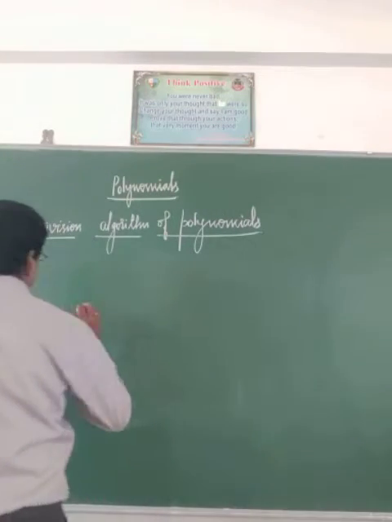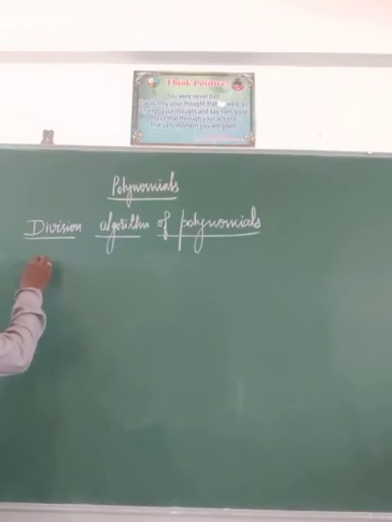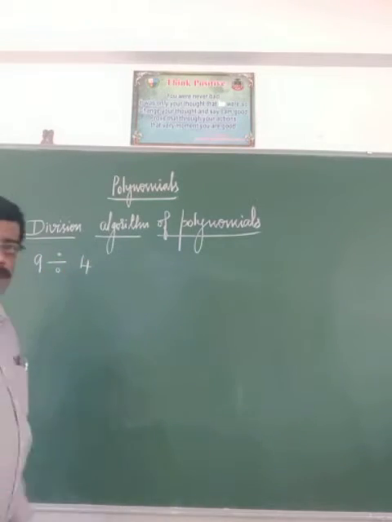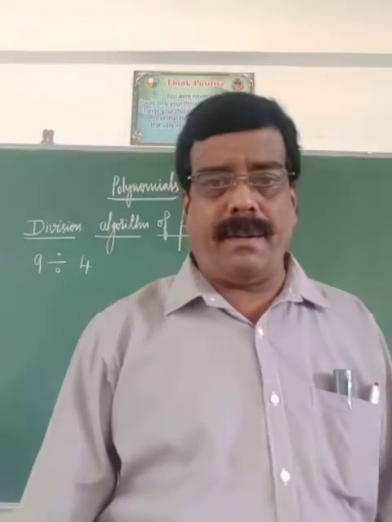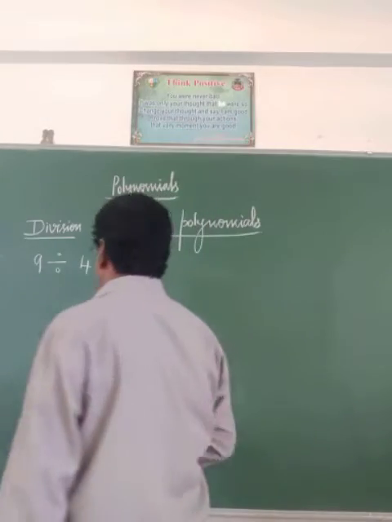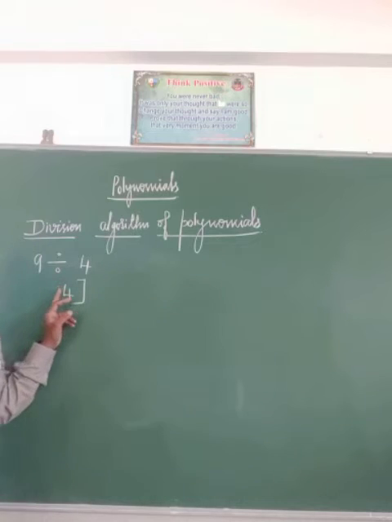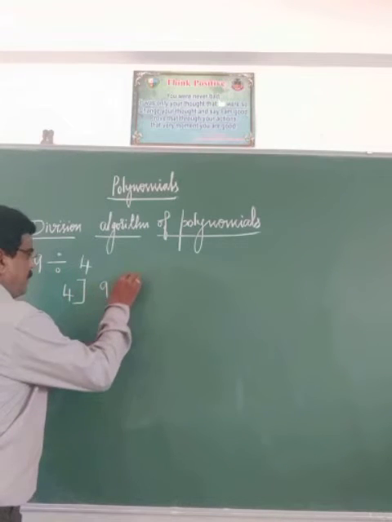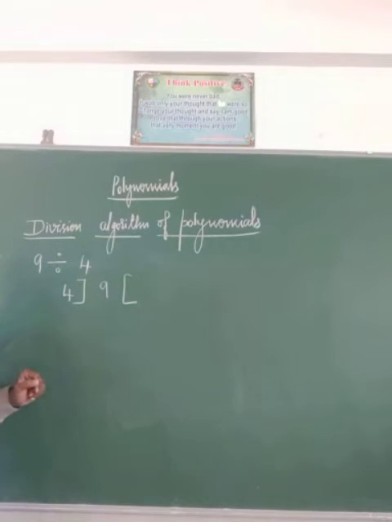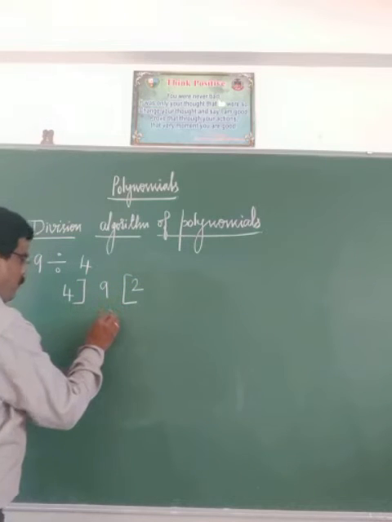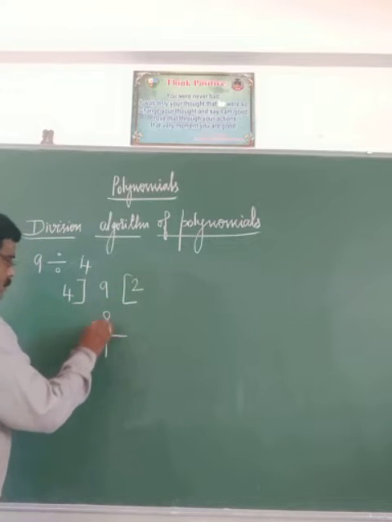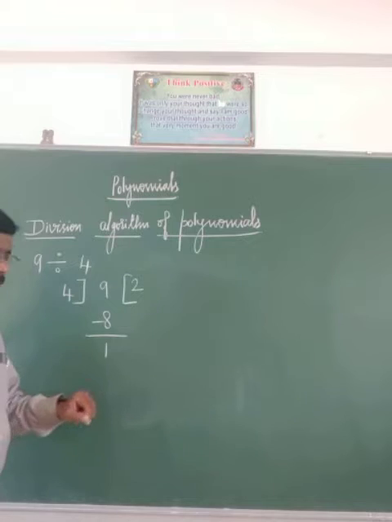As you know, if 9 is divided by 4, what will you get? 4 is called the divisor, 9 is the dividend. See, 4 twos are 8. So 9 minus 8 means 1.